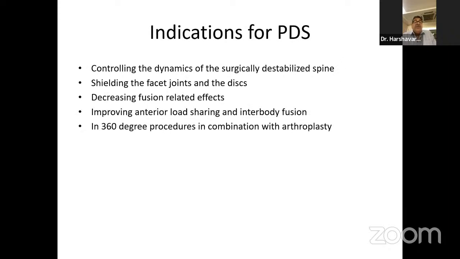The indications are a fairly healthy, mobile disc segment without instability. Next slide, please. Here is a gentleman after undergoing the flexible disc system, about 12 years ago. Next slide, please. This is his bending.